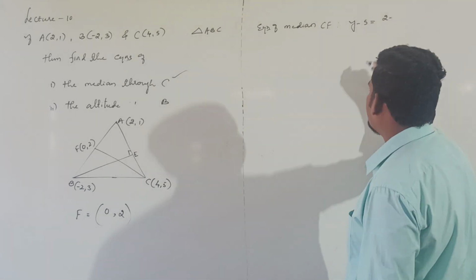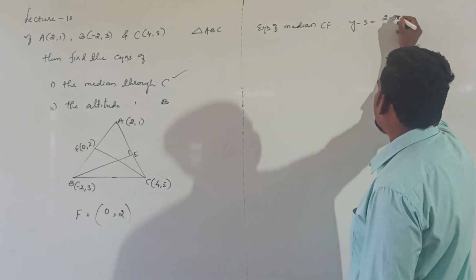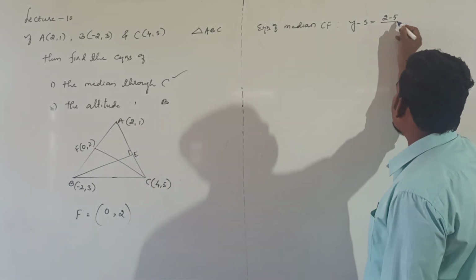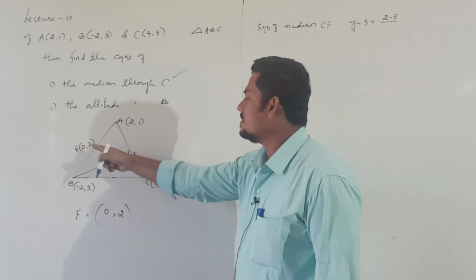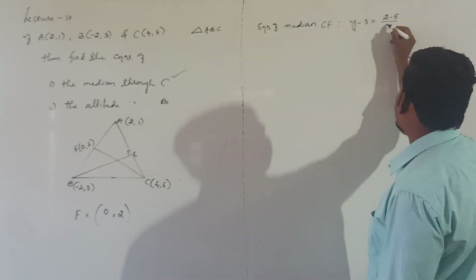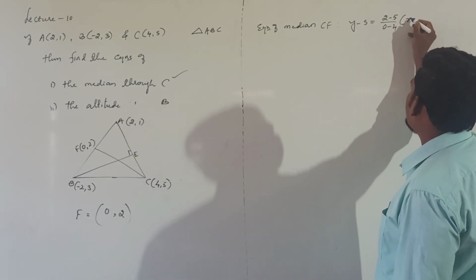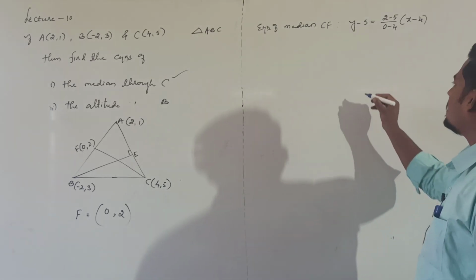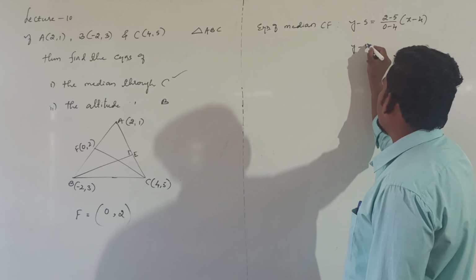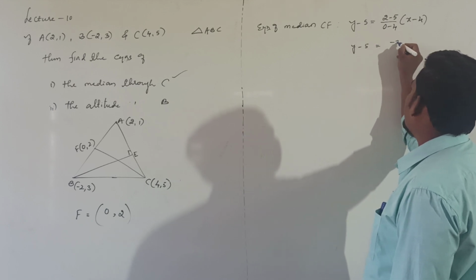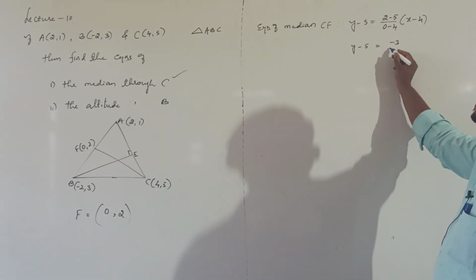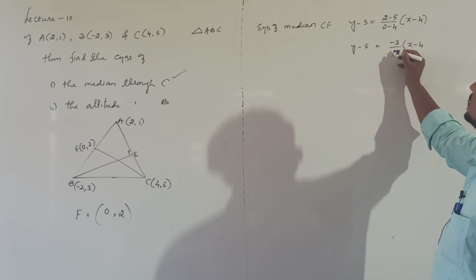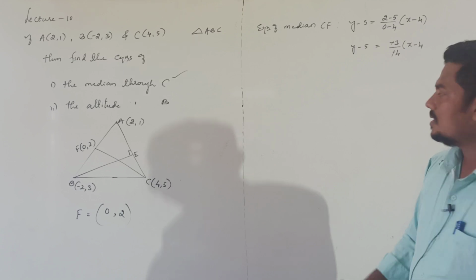2 minus 5, right? y2 minus y1 divided by x2 minus x1, 0 minus 4 here, into x minus x1, that is x minus 4. That's equal to y minus 5 equals minus 3 divided by minus 4 into x minus 4. This negative sign will get cancelled.